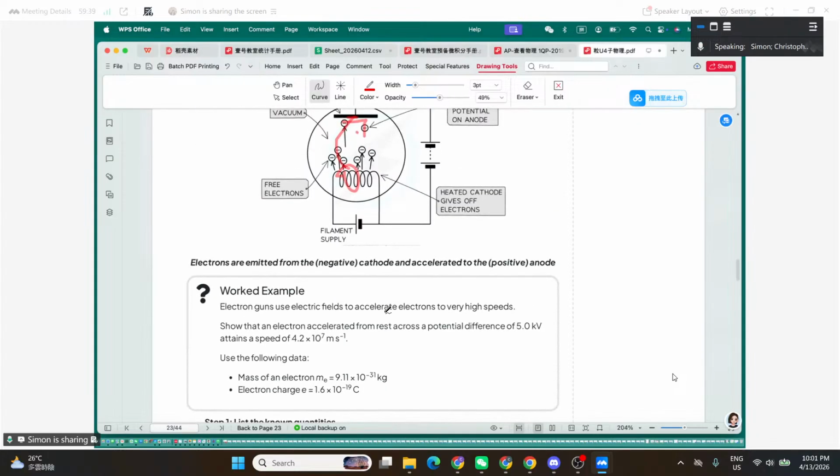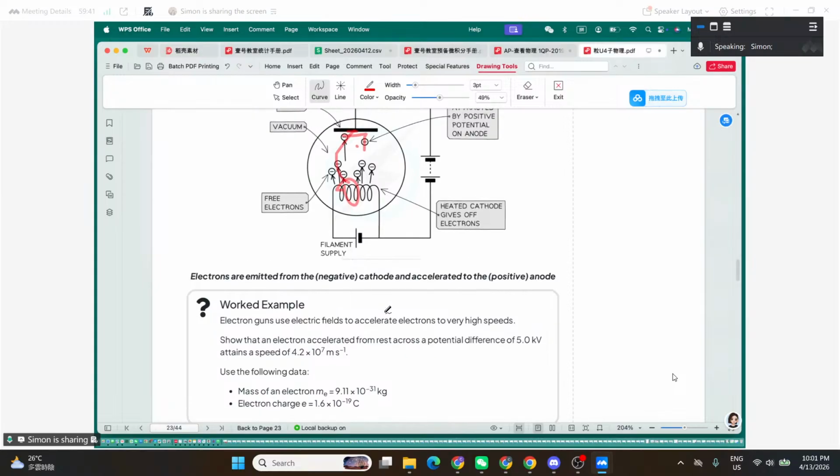Look at the worked example. We use an electric field to accelerate electrons to very high speed, so the electrons gain high kinetic energy.